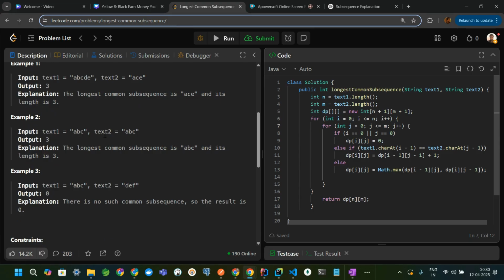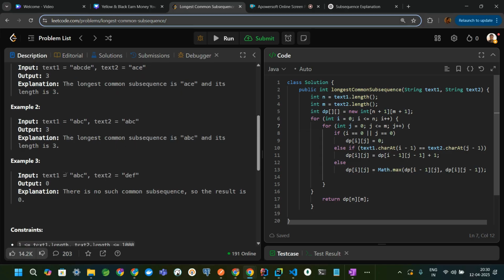Similarly, if both are ABC, the longest common subsequence is ABC. If text1 is ABC and text2 is DEF, A is not there, B is not there, C is not there, so there is no common subsequence, and the result is 0.